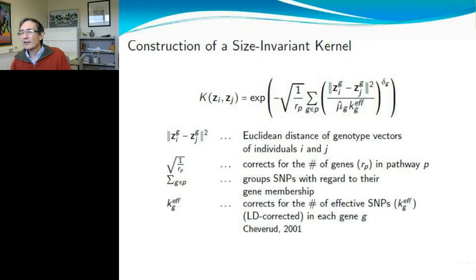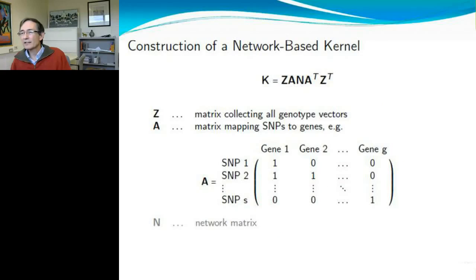The kernel includes this Euclidean distance measure. It corrects for the number of genes in a pathway, groups the SNPs with regard to their gene membership, and then corrects for the number of effective SNPs in the gene by identifying the number of effective tests that were conducted.